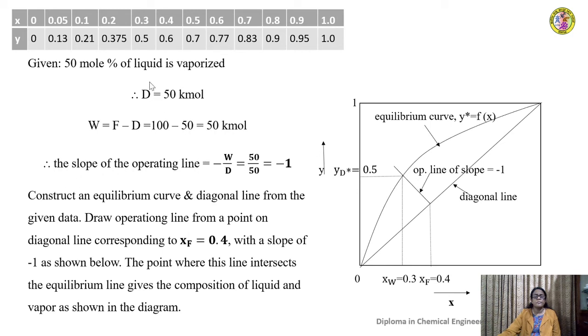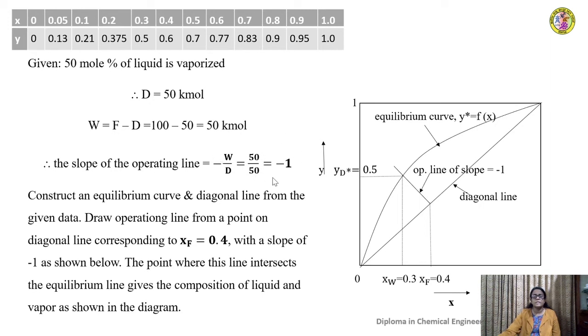Okay. So since we know F, D and W, we can calculate the slope of the operating line, which is equal to minus W by D as per the operating line equation that we have derived for flash vaporization. So minus W by D is equal to minus 1 because both W and D are of equal quantities.